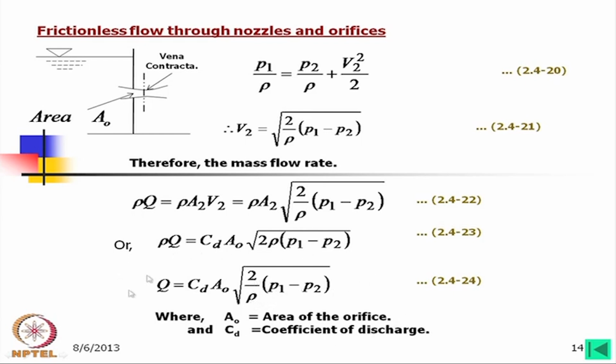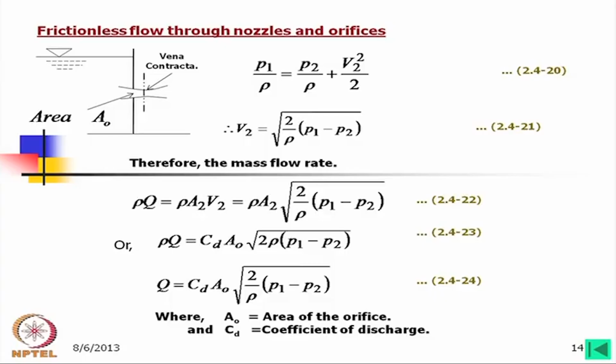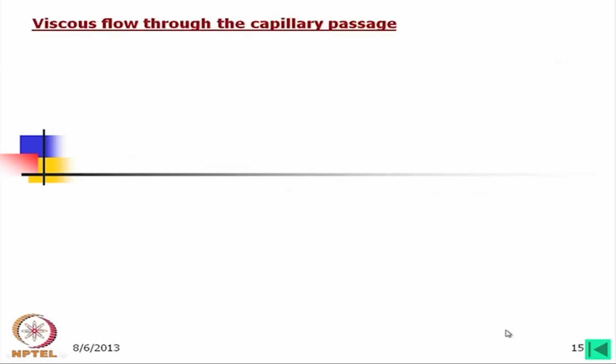This we should remember, because very often we need to use this equation. The other equations which I have shown are normally required when we analyze the inside flow in a valve, but in normal cases this equation will be more useful.